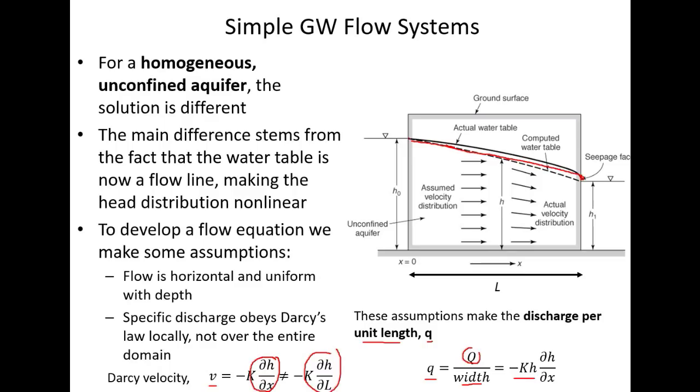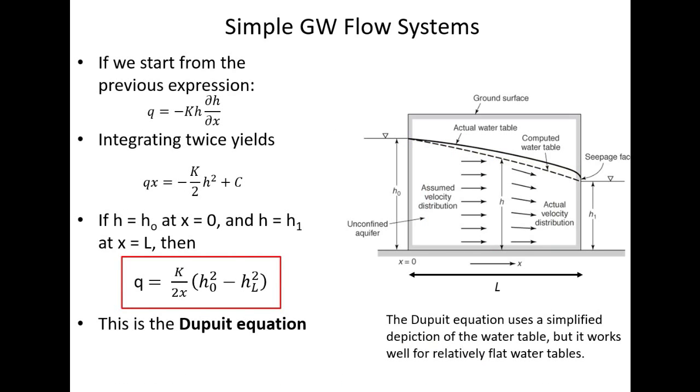So h is a variable term, small h here, large h here. So h is a function of x. So we have k times h times dh/dx. So this is the flow per unit width of the aquifer, thickness, I guess.